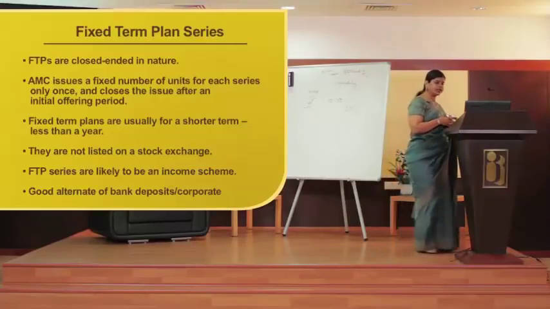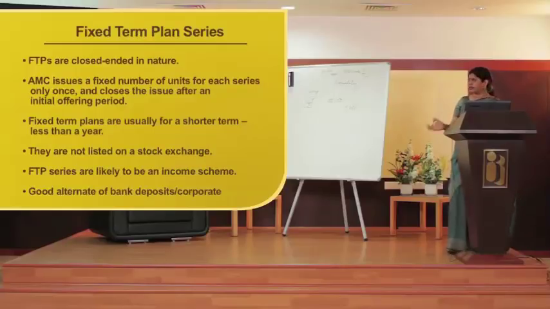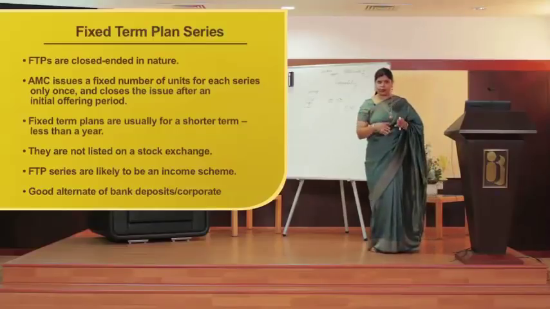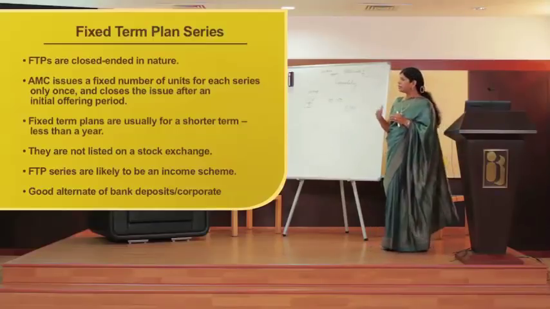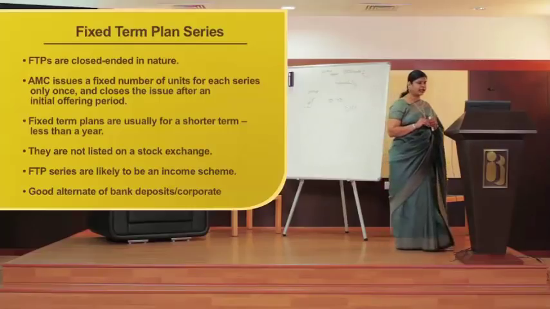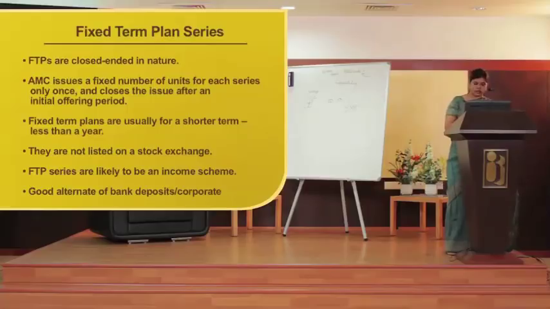The AMC issues a fixed number of units for each series only once and closes the issue after an initial offering period. So once the NFO for the FTP comes in, it is open for a specified period, the AMC issues the units as per the investments done, and once that period is gone, the issue is closed.